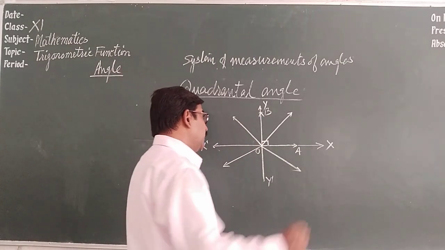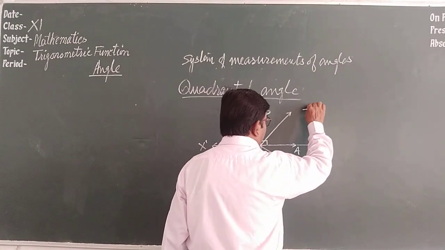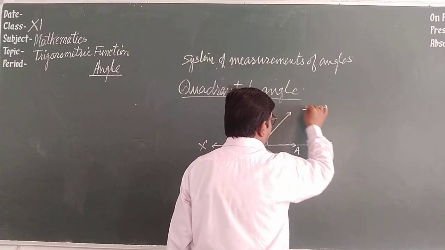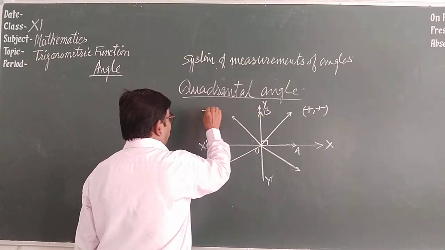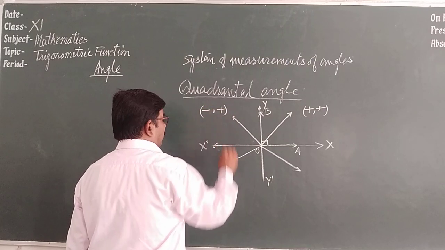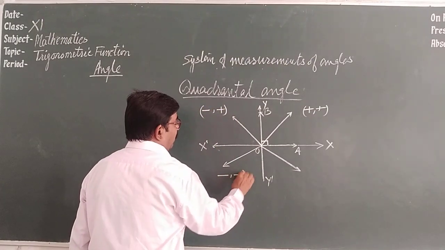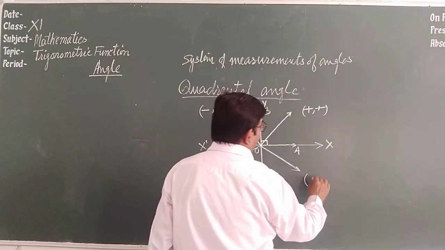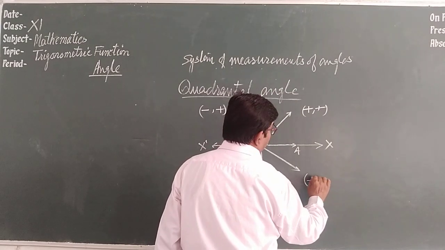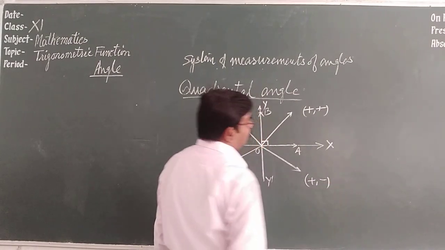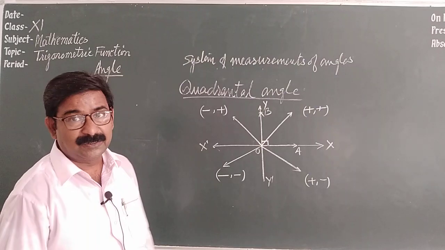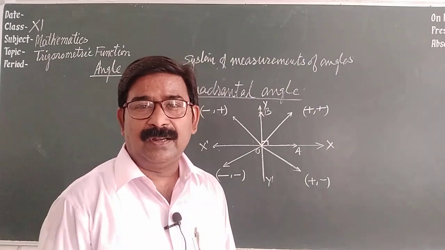And you know that in quadrants we have plus plus sign here, minus plus sign here, in third quadrant minus minus sign, and plus minus sign here. This is for coordinates, not for this.